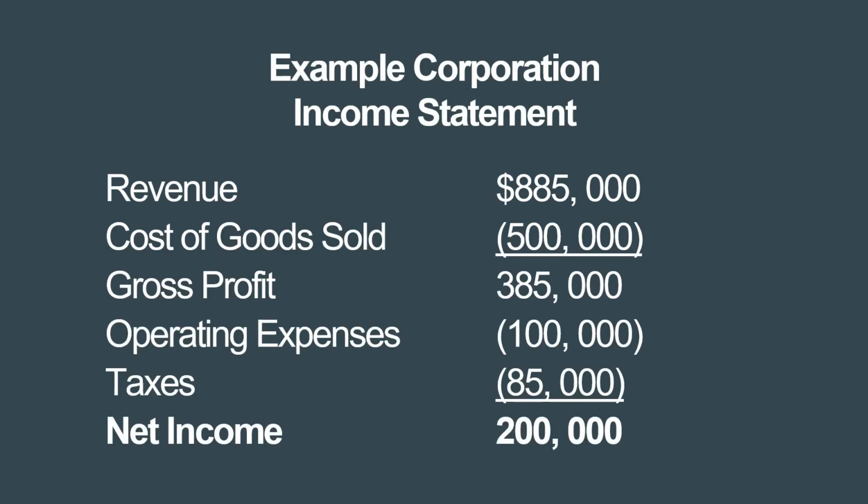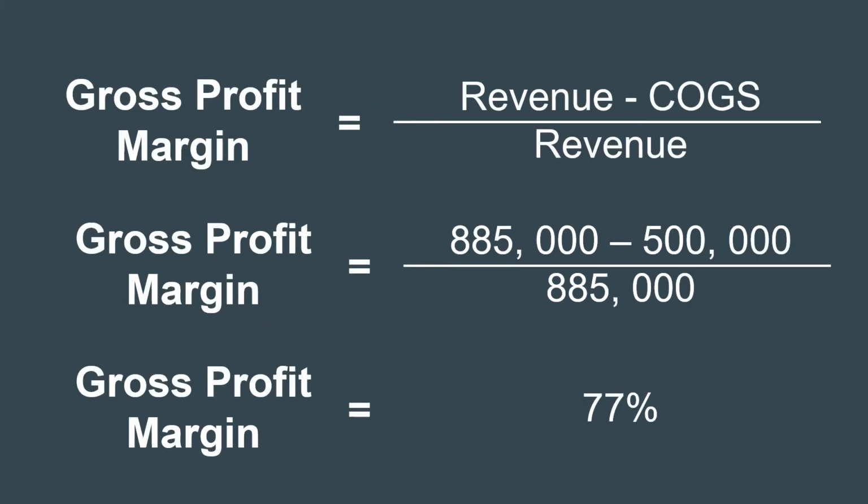Let's go back to our example and calculate the gross profit margin. Remember, in our example, our revenue is 885,000 and our cost of goods sold is 500,000. All right, so if we plug in our revenue and cost of goods sold into the formula, we would say 885,000 minus 500,000, which is 385,000.